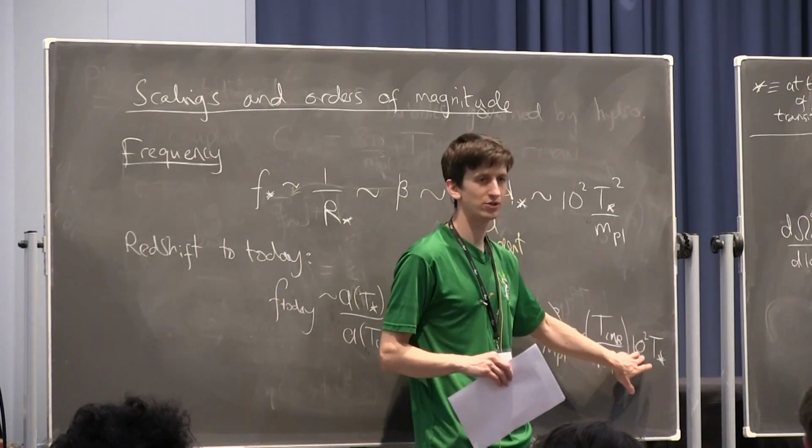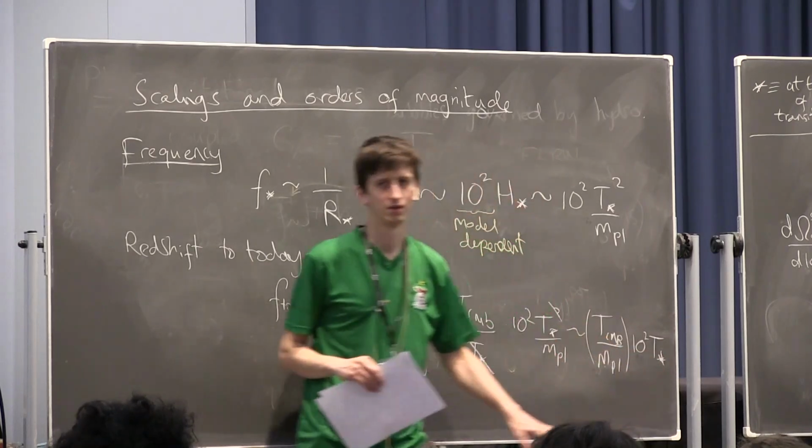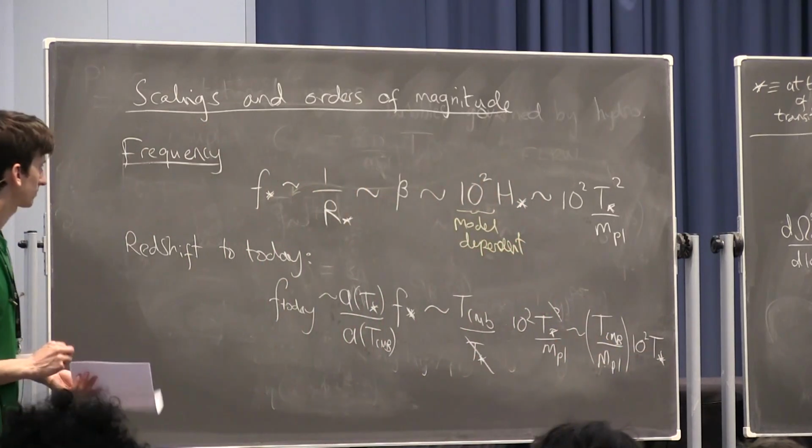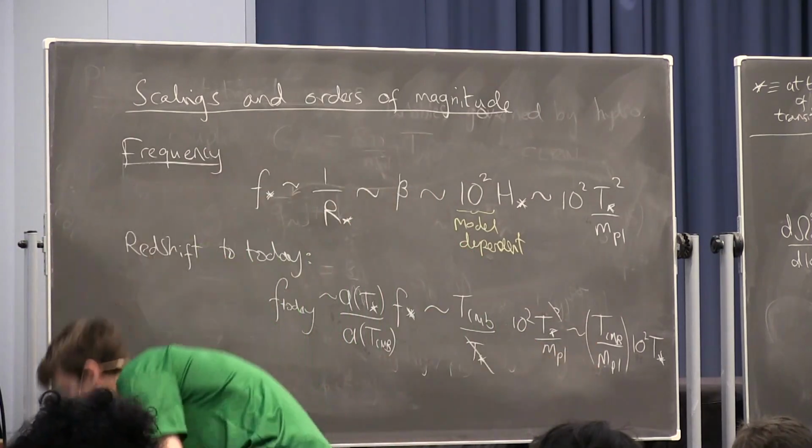The model-dependent number depends on the nucleation rate and how that changes, and then this is just the temperature of the transition. And then this is obviously a small number.